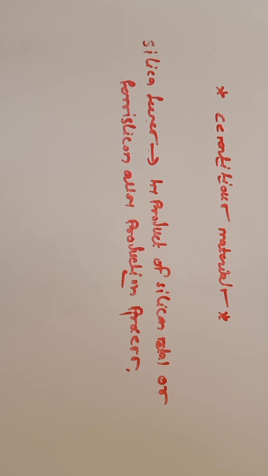So this is all about the blended cement. At least you should know the definition of blended cement. What is blended cement? What is the composition, or which material is blended in this Portland cement?